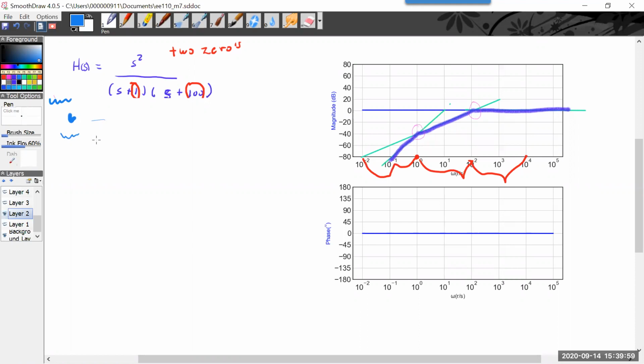So we have the same thing. Omega a lot less than or equal to 1. And here we're going to have j omega times j omega. All the imaginary parts are a lot less than the poles, so that just drops out.